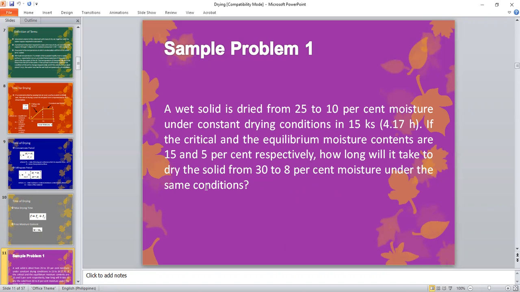So more or less, you can expect that the value of time that you compute must be higher. Why? Because you started off with a higher moisture content than 25, and you have to end with a much lower moisture content than the 10, compared to this set condition wherein it took 15 kiloseconds to dry.